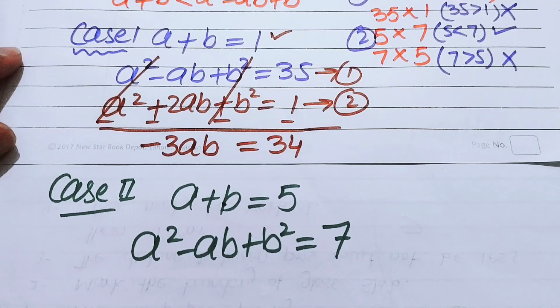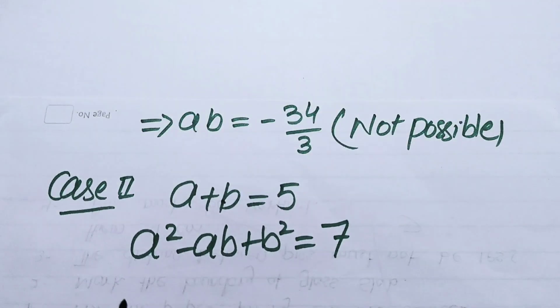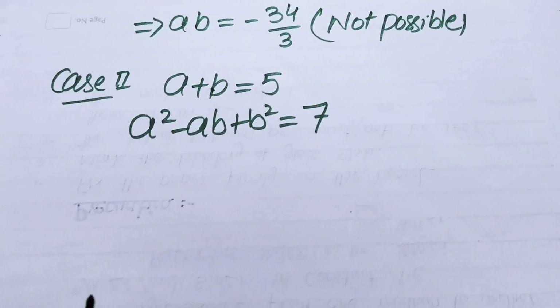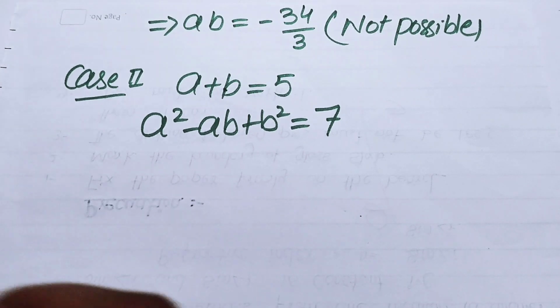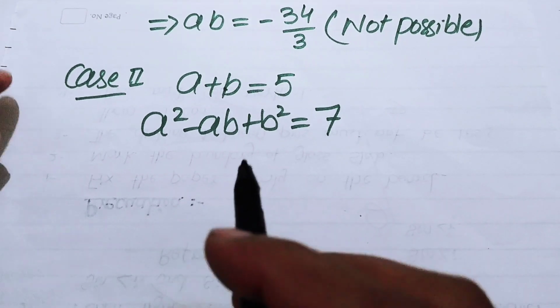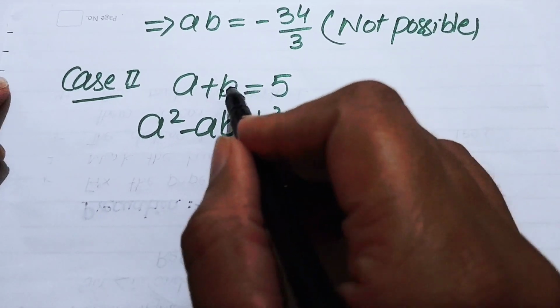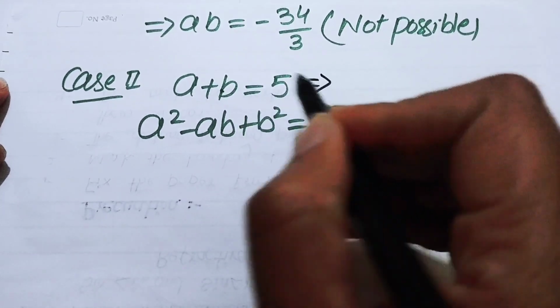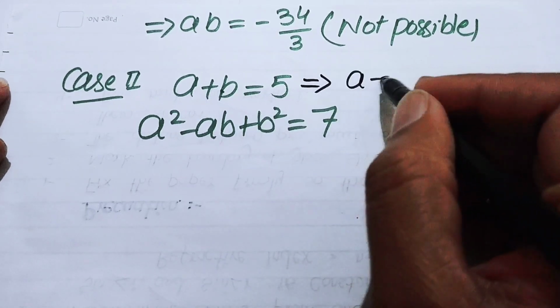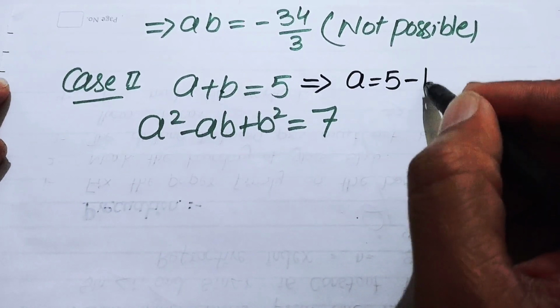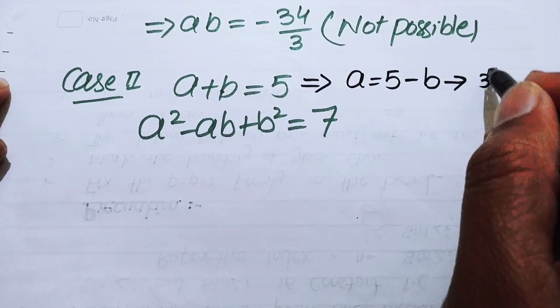So now we can proceed with the second case. In this case we will easily solve, and we get the values of a and b. So now first I can find the value of a from this one, and here you see that we have a equals 5 minus b, and I can name this as equation number 3.